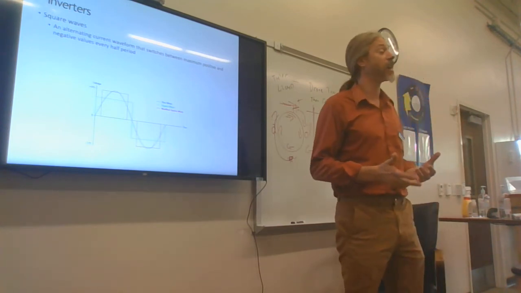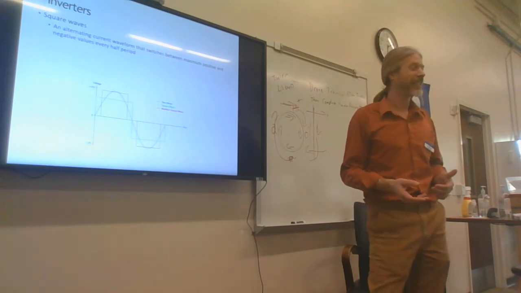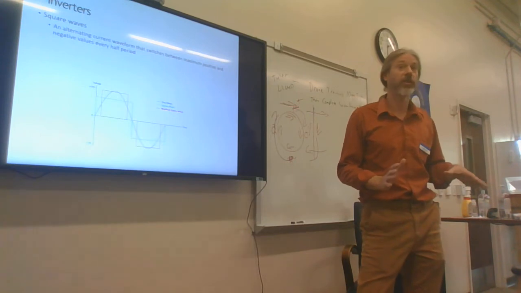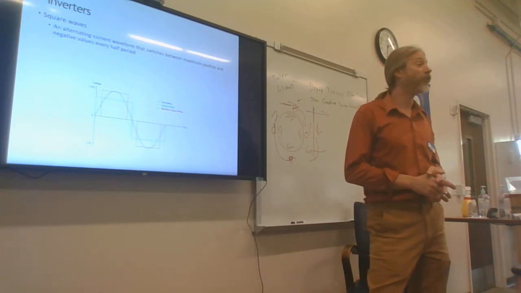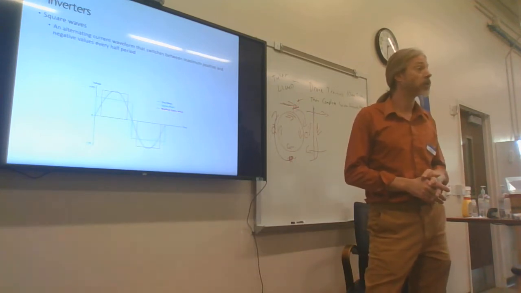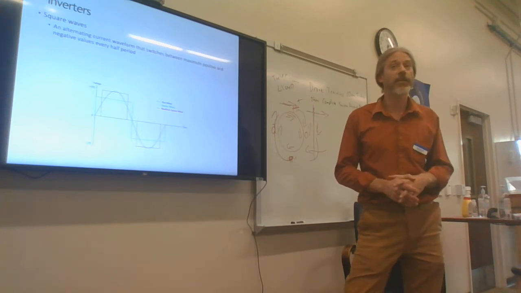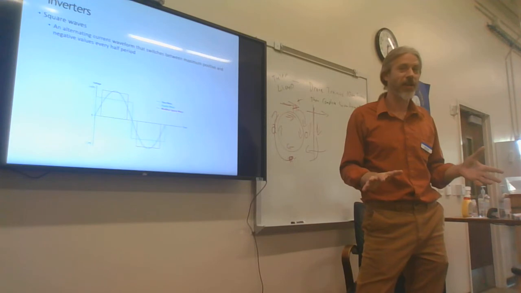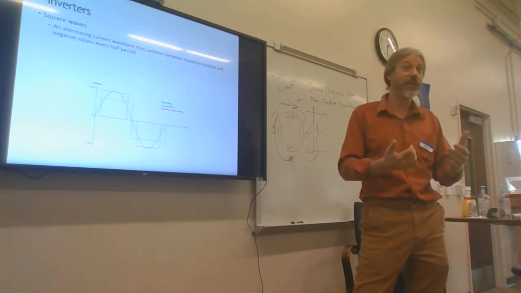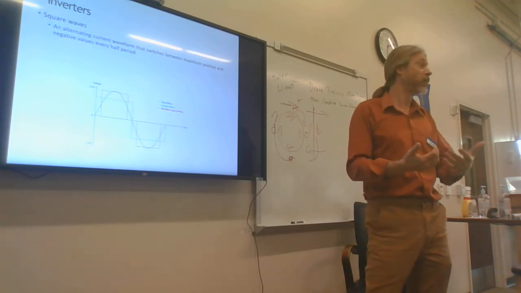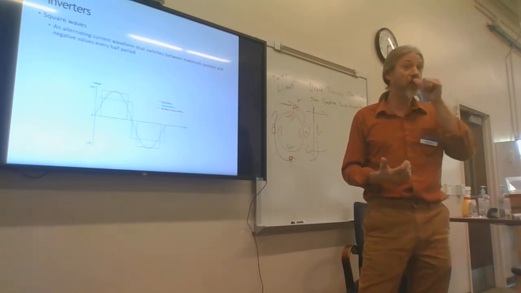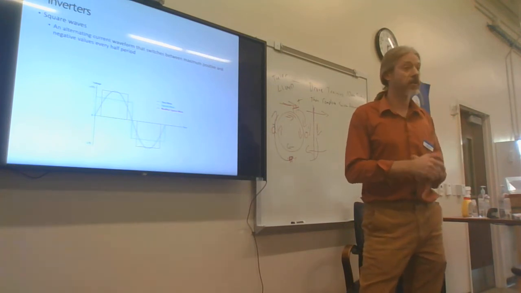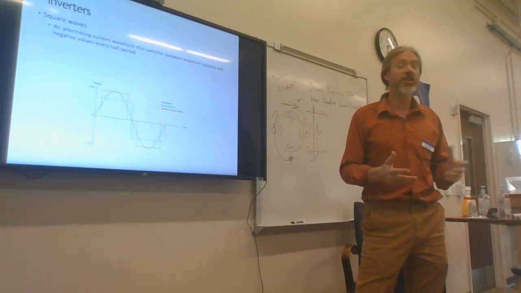This is a modified square wave inverter, probably a cheap inverter, but they're still out there, especially for off-grid applications. For grid-tied applications, you have to have a sine wave inverter. There's no option about it because the grid has a sine wave, and to match that, it's got to produce a sine wave. But for off-grid applications, modified square wave inverters are still out there. They're on the cheaper end.